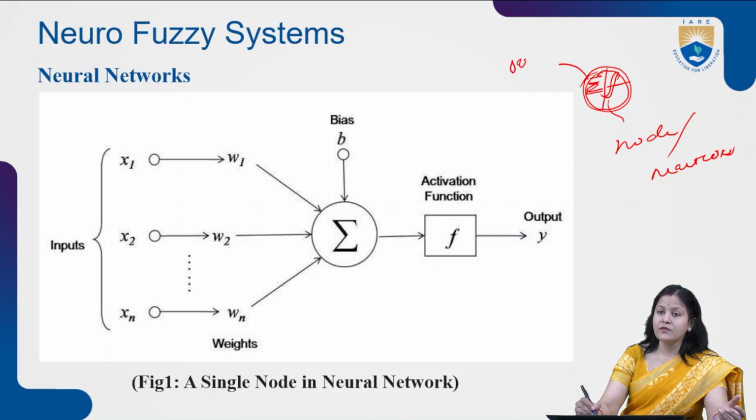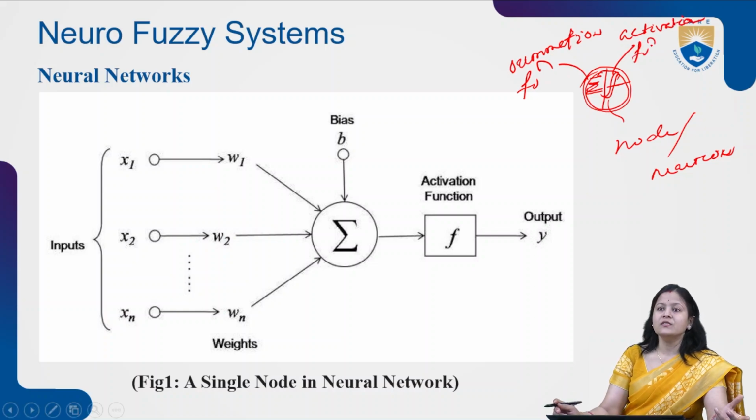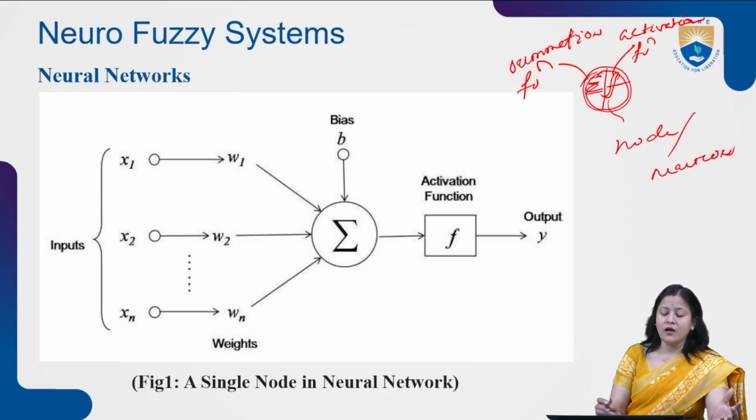This is the summation function, and this part is the activation function. 2 functions are there: one is the summation function, another one is the activation function. Now you can see this picture.